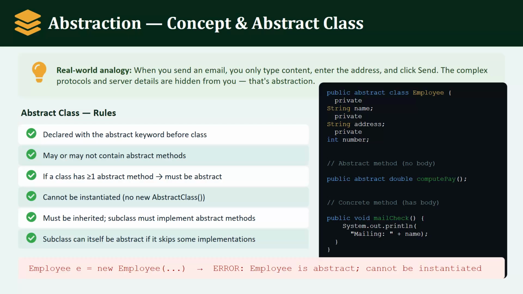And the last one is that a subclass can itself be abstract if it skips some implementations.